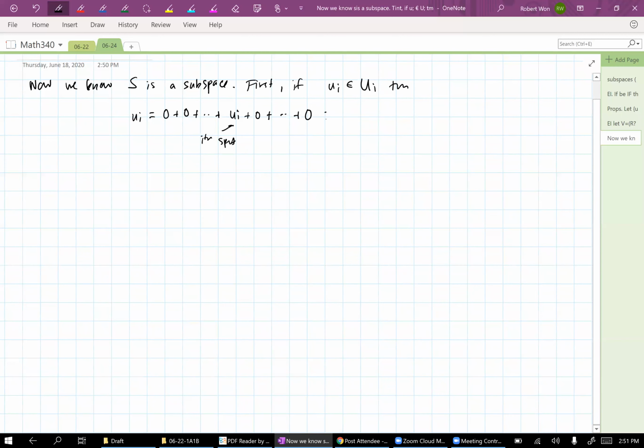This shows that each of these vectors is actually in this sum, because this whole thing has m terms, and in the ith slot, I've just slotted in ui. Each of the big U's is a subspace, so 0 is contained in them. Therefore, this shows that little ui is in S. So each of these big subspaces, Ui, is contained in S, right? Every vector in Ui is contained in S. So certainly S contains all of the Ui's.